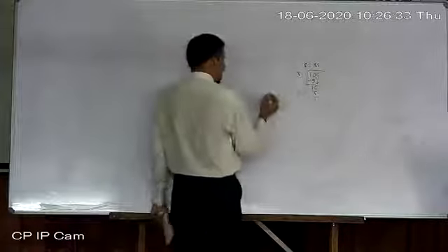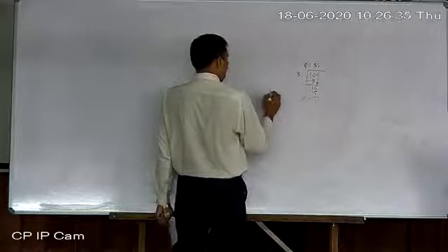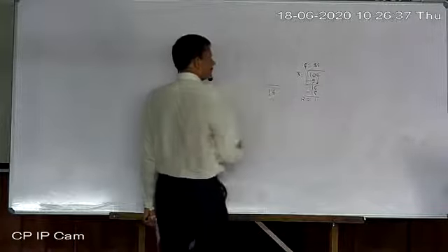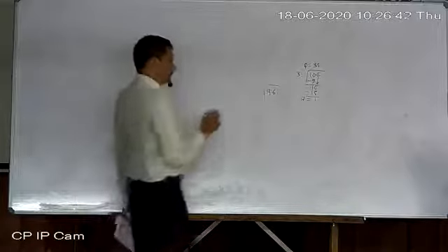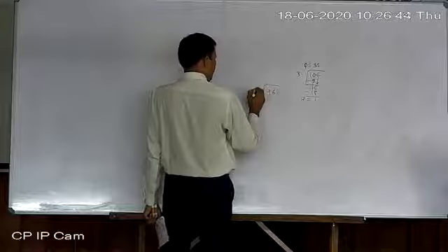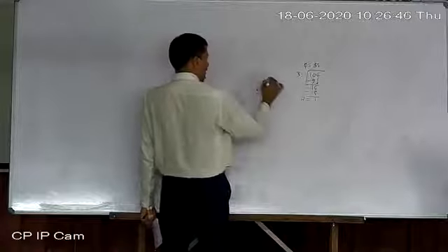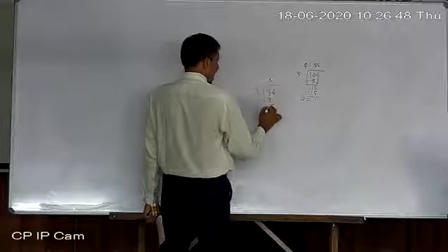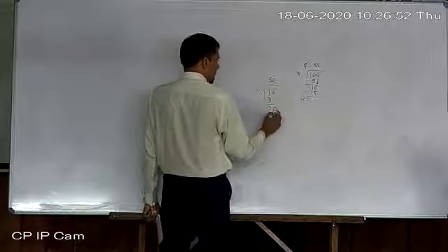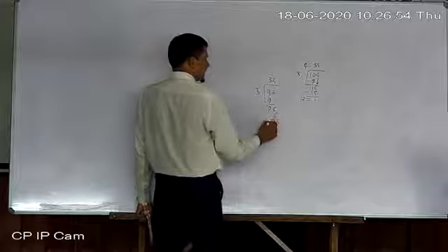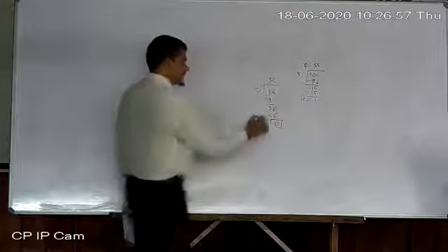Now another one. Suppose you are given 96 and you want to divide it by 3. Then 3 threes are 9, 0, 6 comes down, 3 twos are 6. Now you got remainder 0.